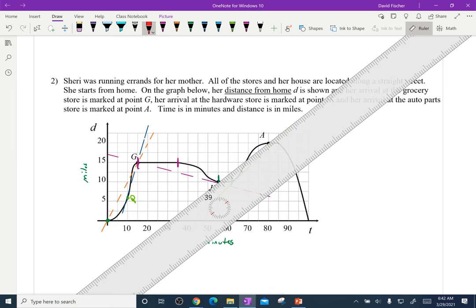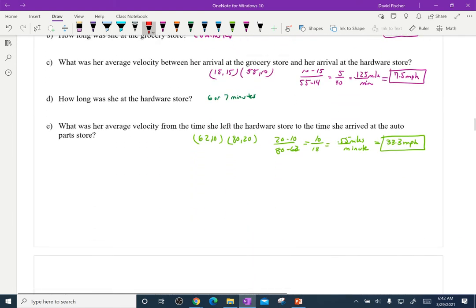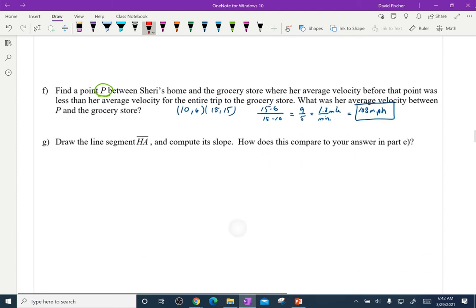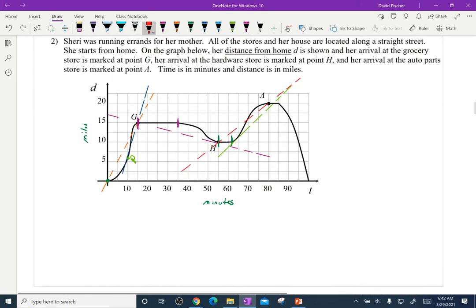So this line's slope should be less than when she left the hardware store, because it's factoring in her time. So let's go with H is, looks like, 55, 10. And then A is 80, 20.